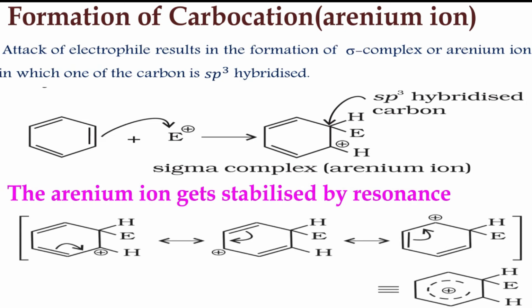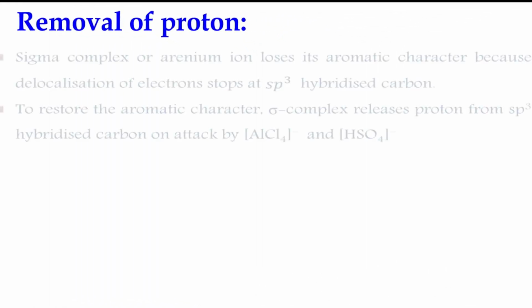As you could see, the bond keeps on rotating in such a fashion. It will form different resonating structures where that positive charge comes in the benzene ring due to the attack of the electrophile.